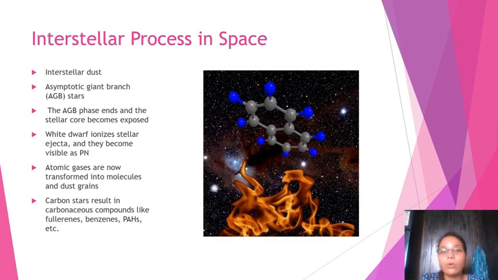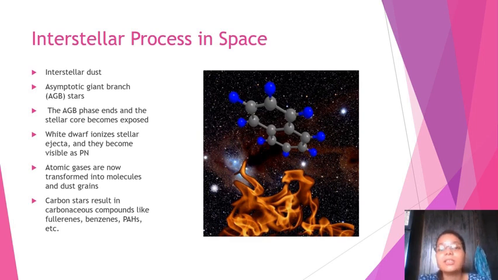And the stellar core, also called a hot white dwarf, gradually starts getting exposed. And when it does, we observe a planetary nebula that is visible. Why? Because a planetary nebula, as we have seen, is merely gas clouds that arise due to the dying of a star.